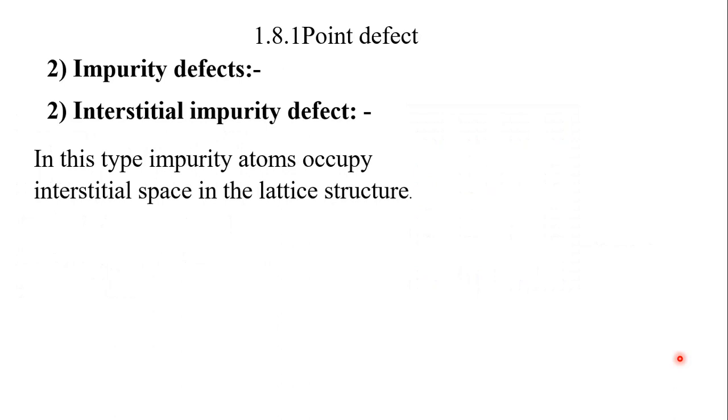Then the second type of impurity defect, that is interstitial impurity defect. In this type of impurity defect, atoms occupy the interstitial space, that is the empty or vacant space between the lattice particles in the crystal lattice structure.